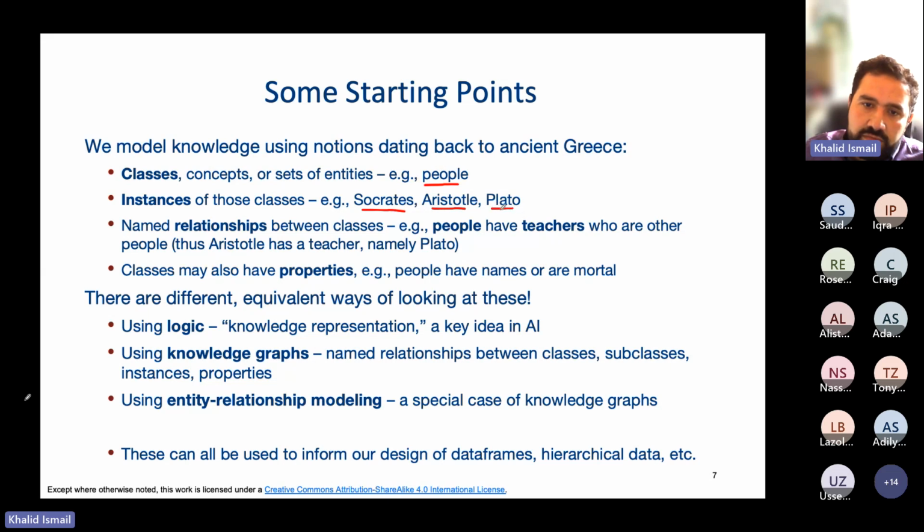So these three philosophers are instances of the class people. And you can think about it in the wider version.